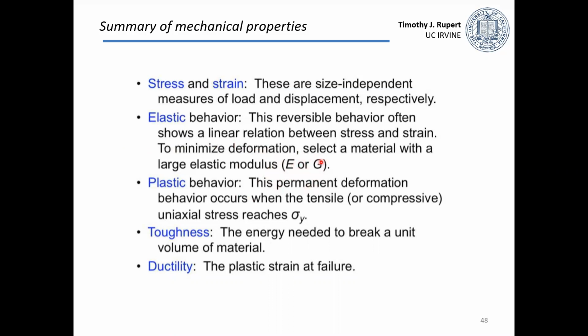So either Young's modulus or a shear modulus that's large. Plastic deformation is permanent deformation, which occurs when we exceed the yield strength of the material. And of course, if you want to avoid this, you want to choose a material with a very high yield strength. Toughness is the energy needed to break unit volume of material, and ductility is that plastic strain at failure.